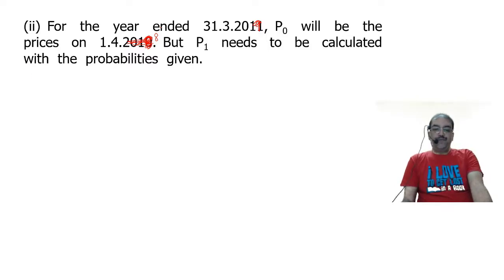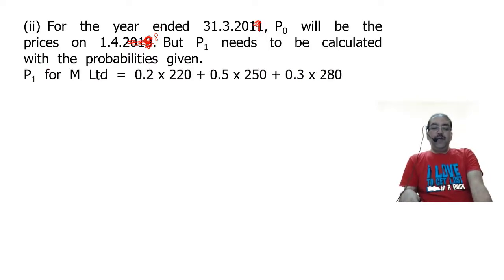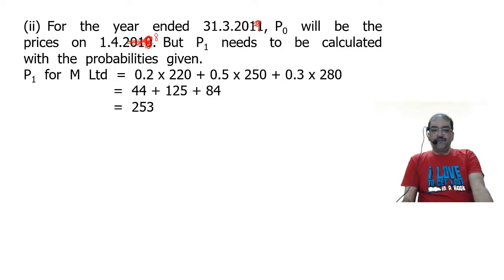How? P1 for M Limited, multiply each probability. Go to your book. Probability is 0.2 multiplied by 220 plus 0.5 multiplied by 250 plus 0.3 multiplied by 280. So the expected price for M Limited is 253.